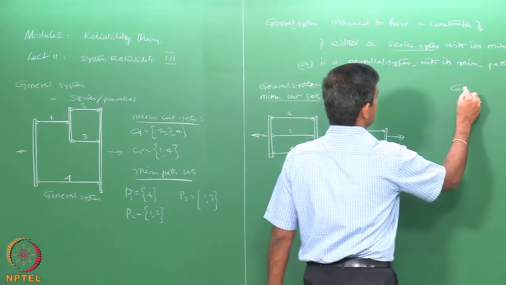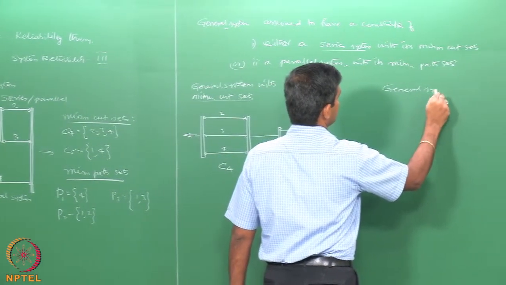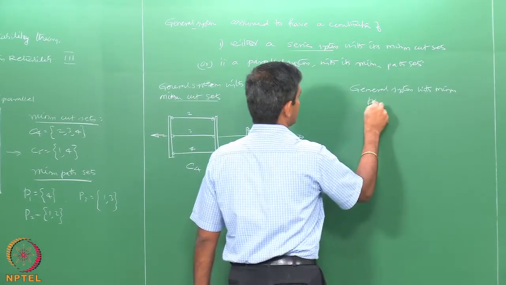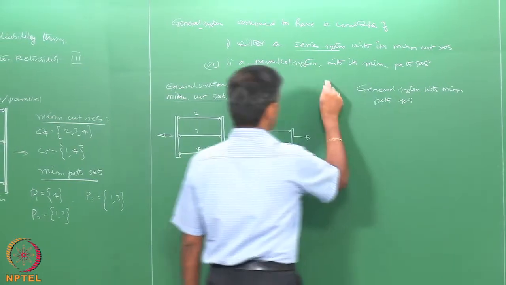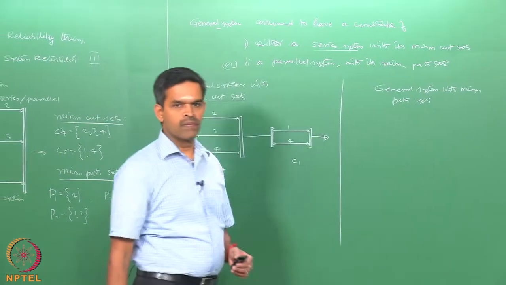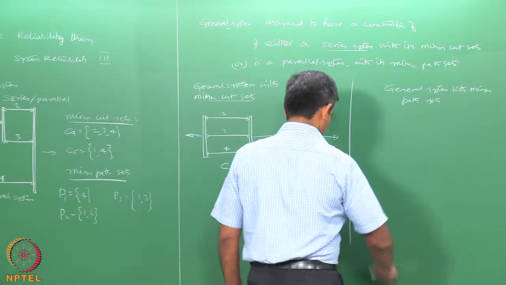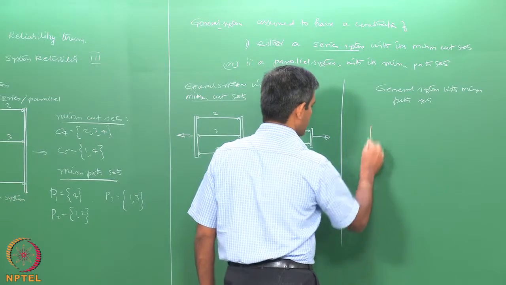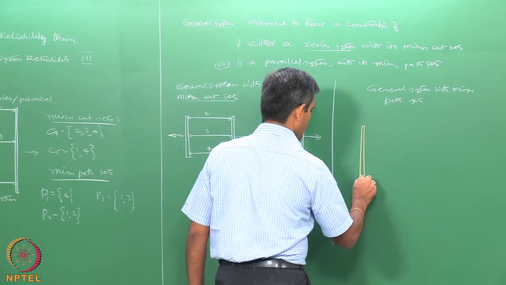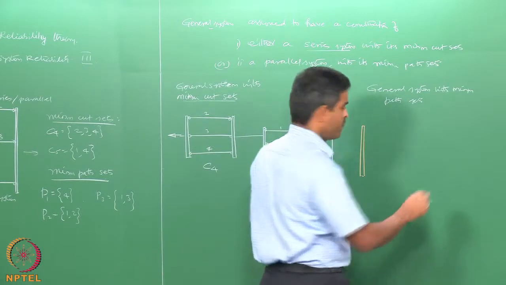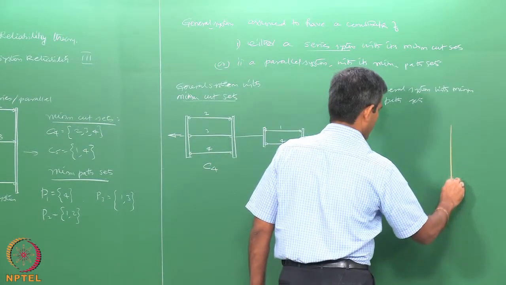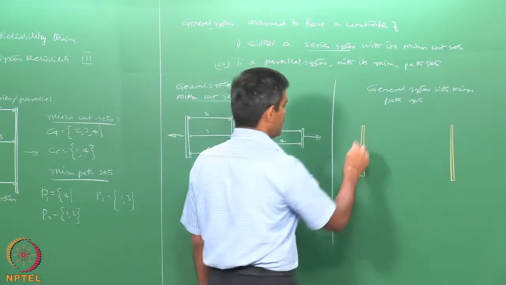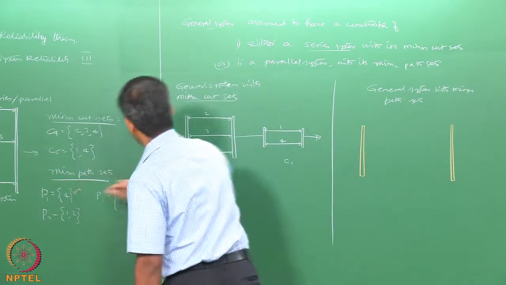Similarly, let us say a general system with minimum path sets. The path sets are 4.